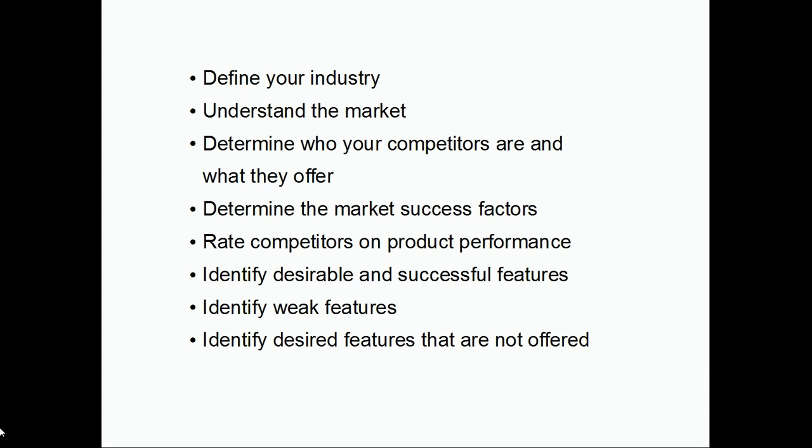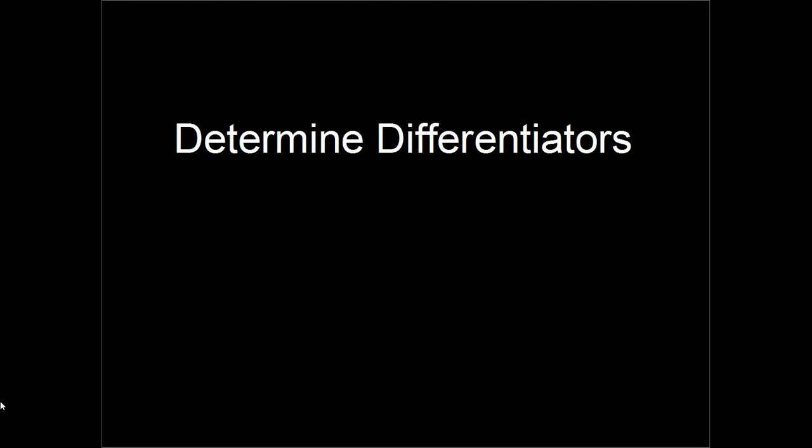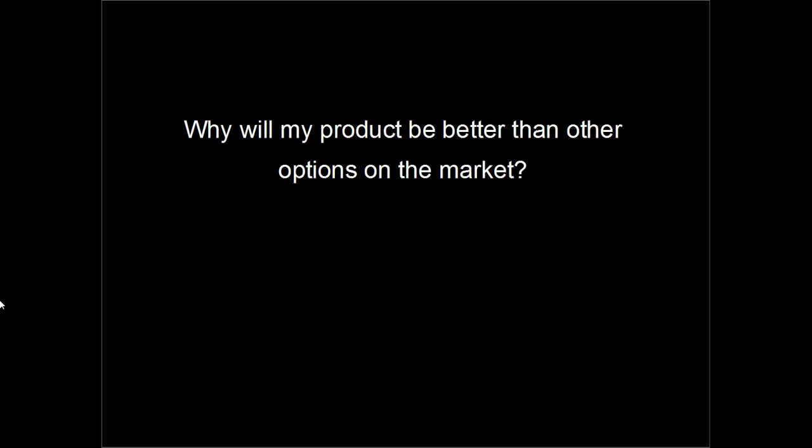And that can include anticipating features that users want which are not offered in any of those products. With all this, we can determine the differentiators by answering some key questions. The central question to ask is, why will my product be better than other options on the market?